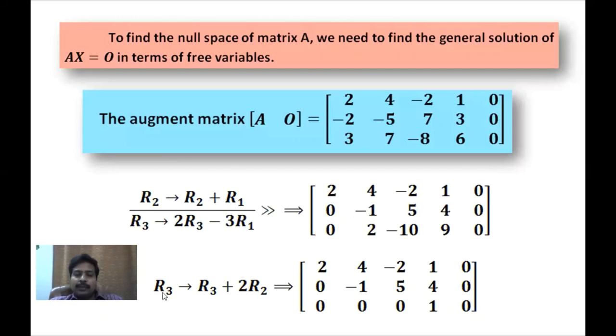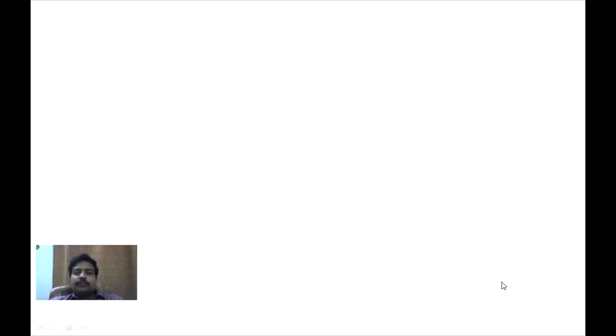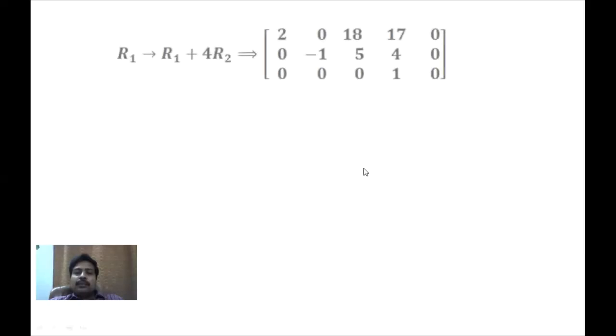So we are performing the same operation here. So this will give you minus 10 plus 10 is 0, 9 minus 8 is 1, and 0. The remaining rows are the same as it is. And now the effort is to make this one 0.